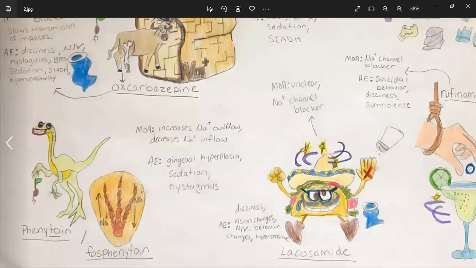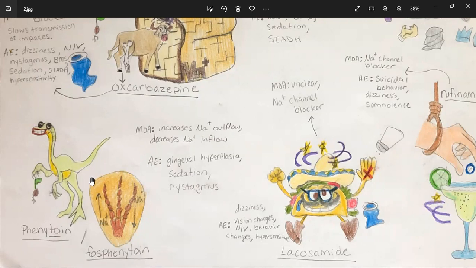Over here we have this dinosaur with a really big toe and then a fossil of the toe. So phenytoin, and then like a fossil, fosphenytoin. So a fossil of the toe. These increase sodium outflow and decrease sodium inflow.